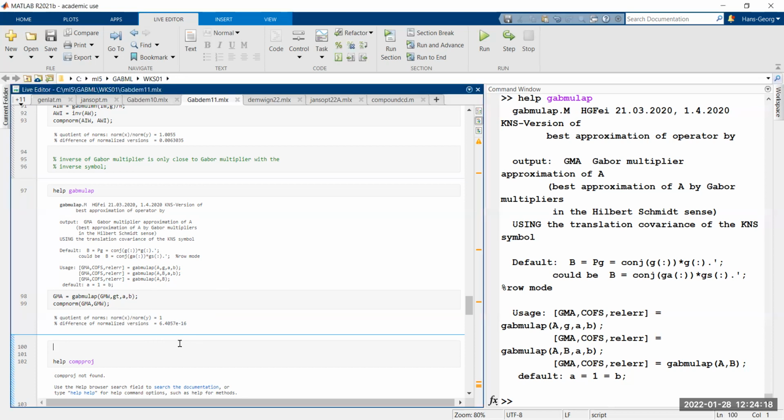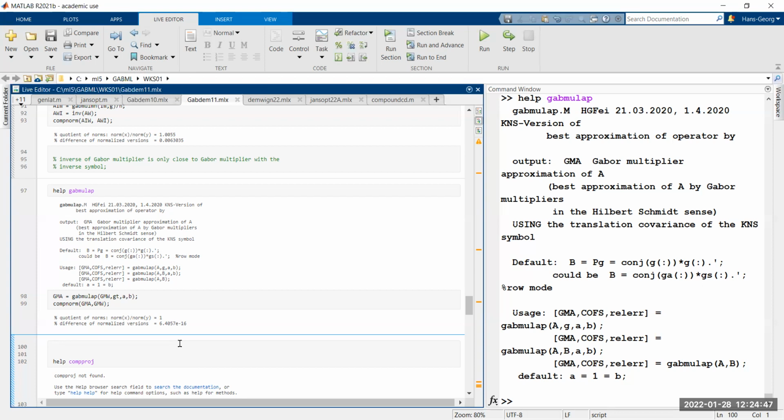Now, again, if you're taking the Gabor multipliers, we have seen that for decent lattices and by using the tight Gabor atom, you have already very good approximation. But now the question is, well, if I approximate different operators, A1 and A2, do I get similar Gabor multipliers?